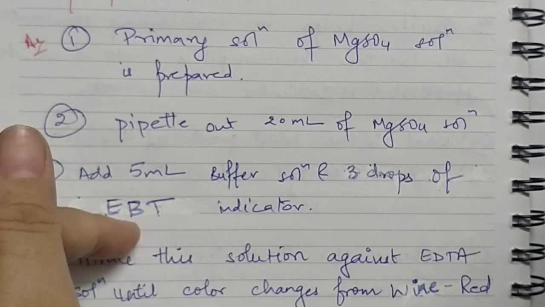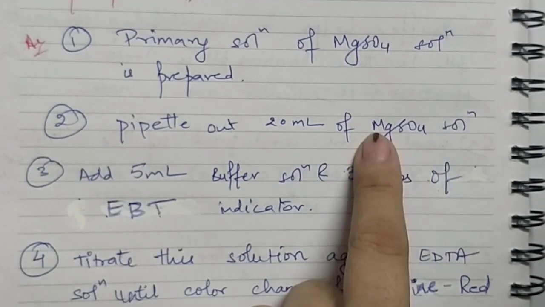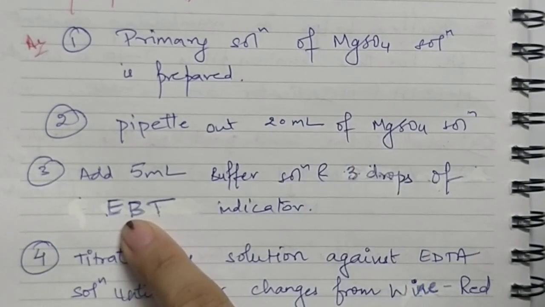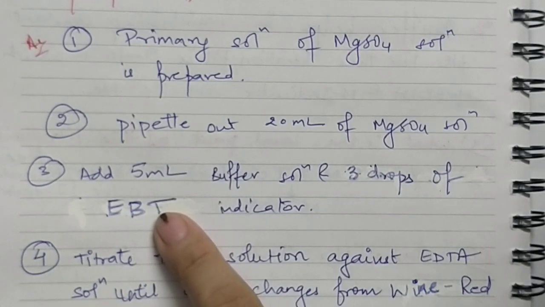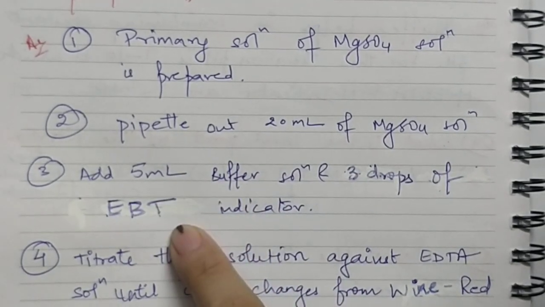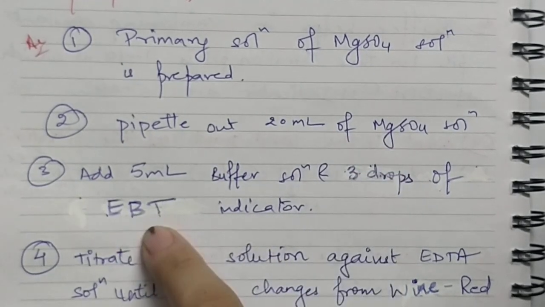We are using EBT indicator here, not murexide, because MgSO4, that is Mg2+ ion, forms a better complex with EBT indicator, and after adding 5 ml buffer and EBT indicator, the metal EBT complex will be formed, and you know the color is wine red.